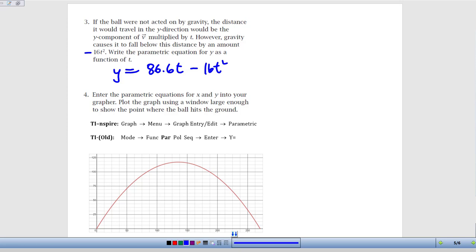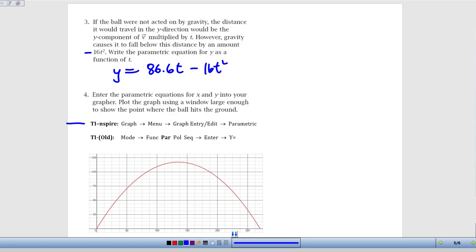We can see it's a parabolic function. I did this on Desmos, but you can do this on your graphing calculator. You just need to make sure you put it into parametric mode, so that we're not graphing it as a function. We don't just have x's and y's, or f of x. We have an x equation in terms of t and a y equation in terms of t.